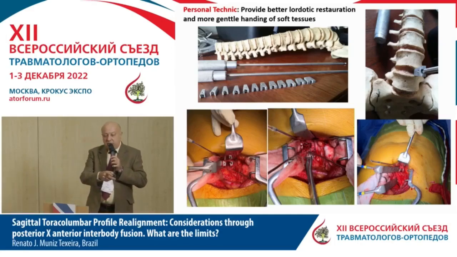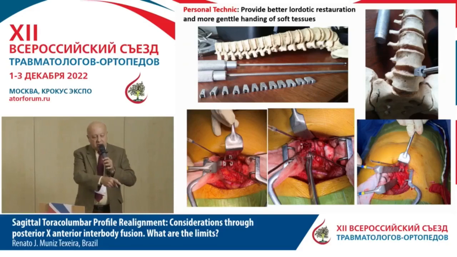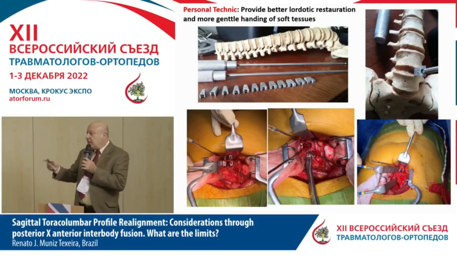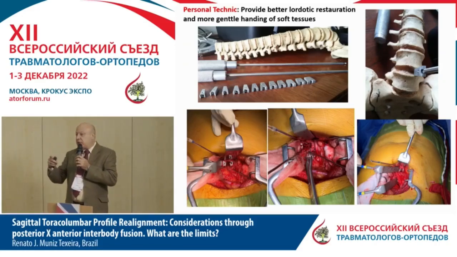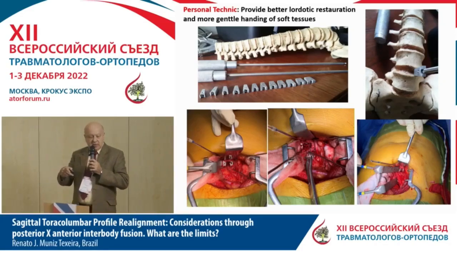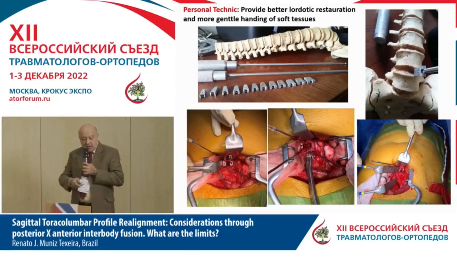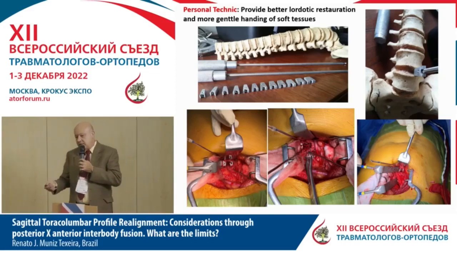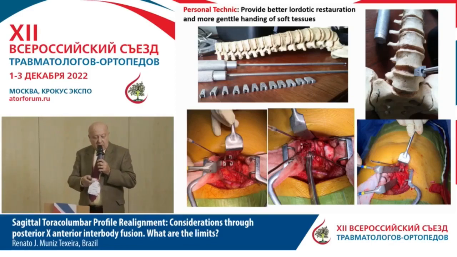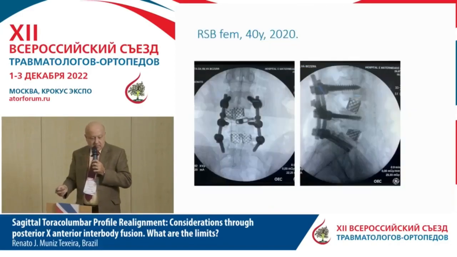We try to use 2 cages instead of 1. With the templates, you can spread and restore the lordosis better than the other methods that we know. It's a local brand, I made it there. And we have used the same technique with templates for the last 30 years. And then you can get this result.